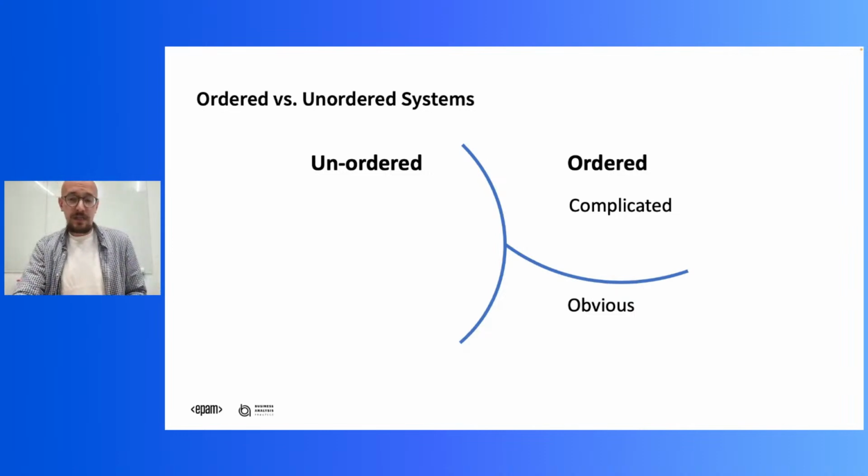Now let's have a look at the left side of the graph. For an unordered system, we cannot determine causality. However, we find that some of the systems can be stable, and constraints and behavior may evolve all the time. So causality in the system can only be determined in hindsight, or after something has happened. They are too complex to be fully understood, and we cannot predict their behavior.